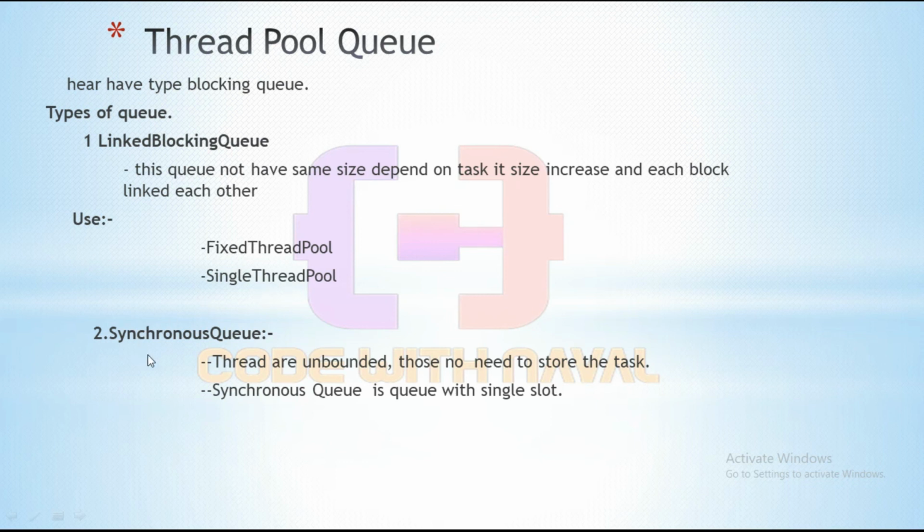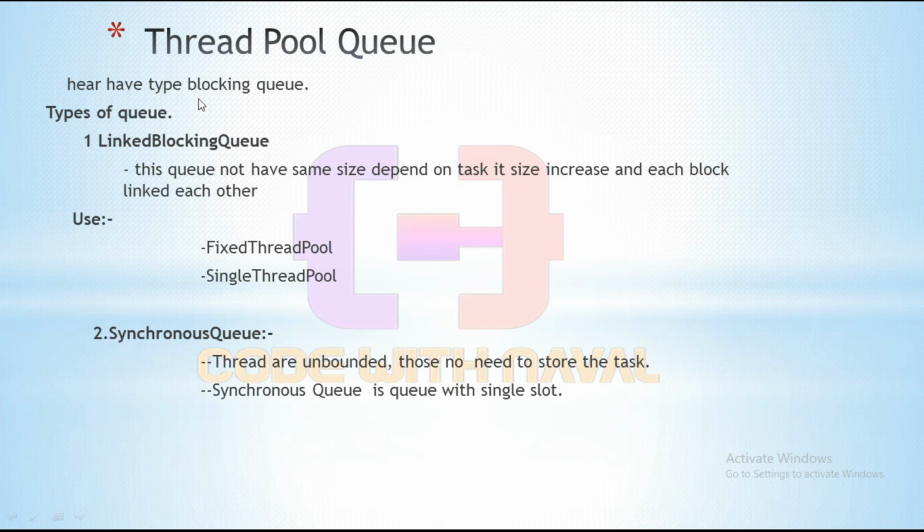Then we have the SynchronousQueue. These are unbounded, they do not need to store tasks, so there we can simply use the synchronous queue. We don't handle which queue we should use, this is handled internally.